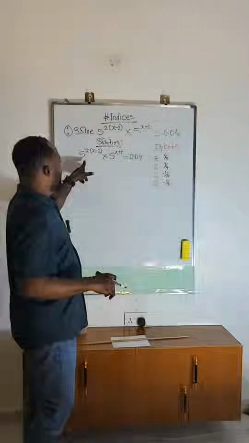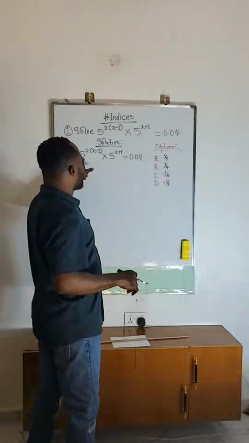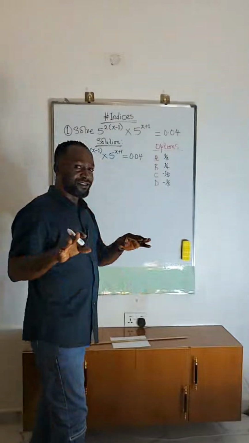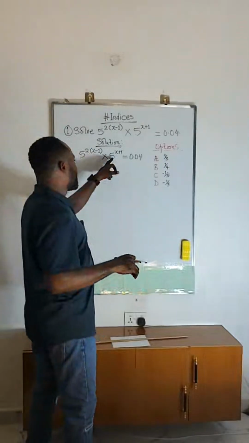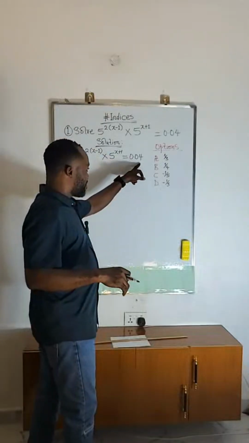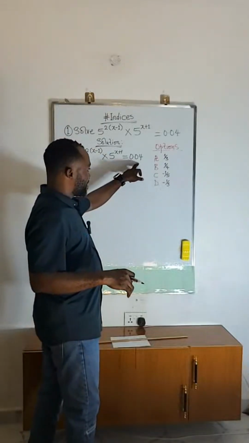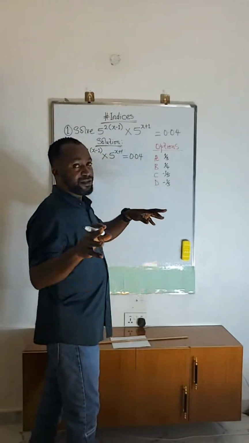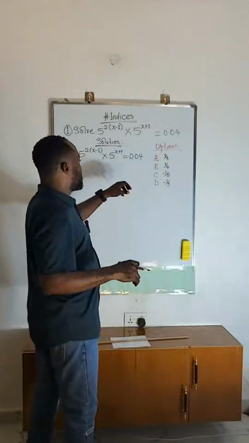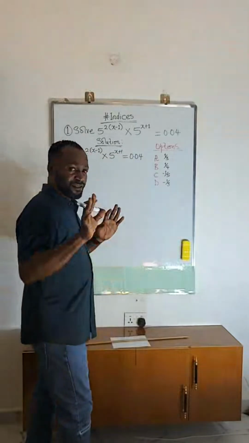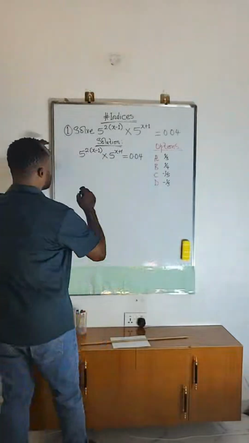Okay, first of all, this left-hand side is a little bit easy because we have numbers of the same base. So we have to convert the right-hand side, which is in decimal, to have the same base as the left-hand side. So watch as we are going to do it.